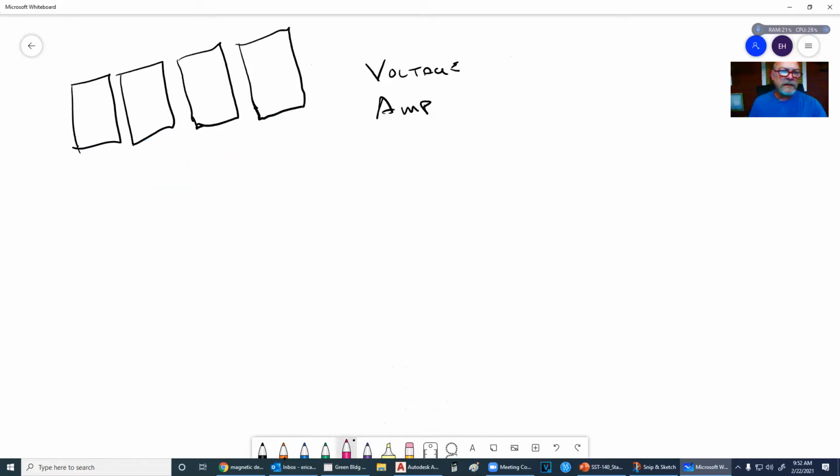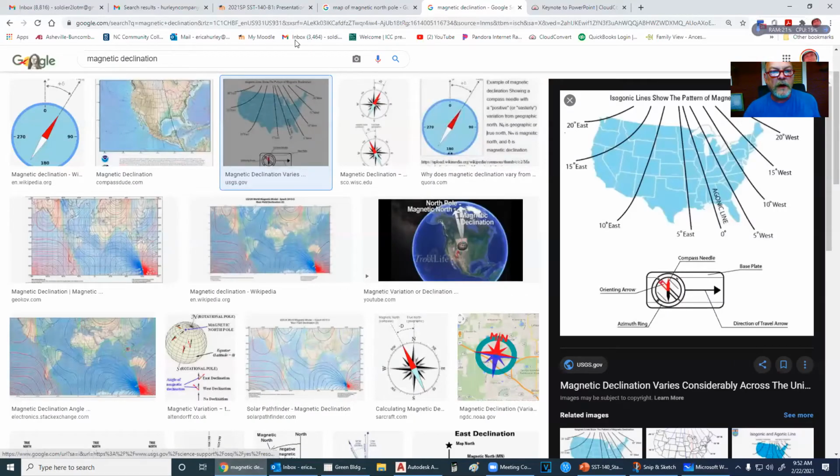Ben talked about some of these having their own inverter, and these are called micro inverters. And each one of these is going to have a micro inverter on it, and they put out AC, alternating current. And let me give you an example of alternating current.